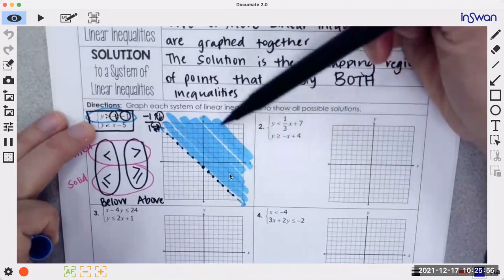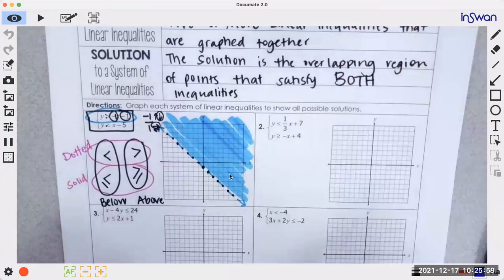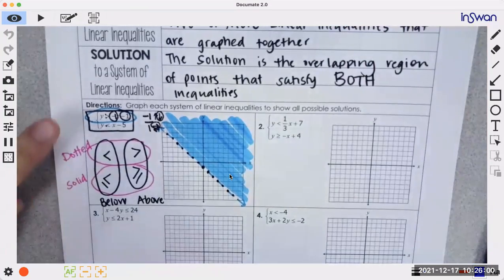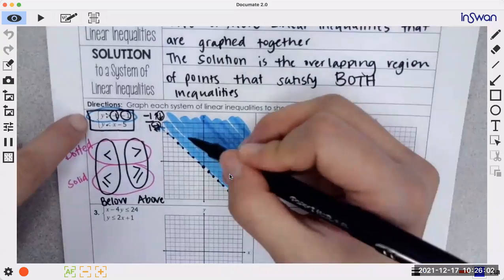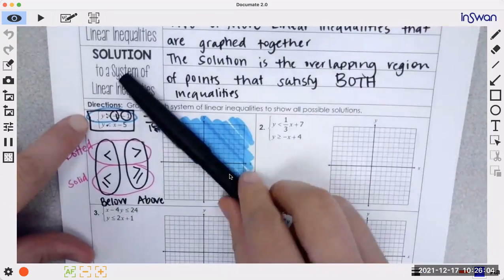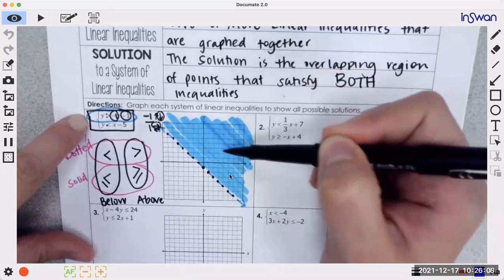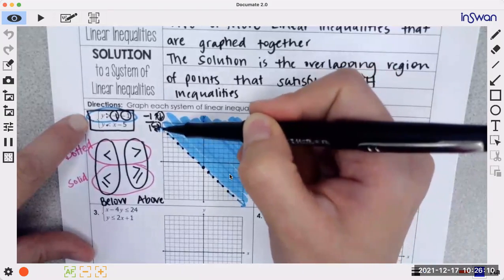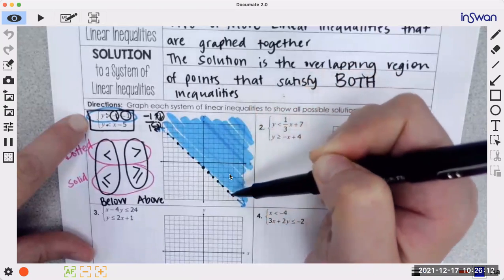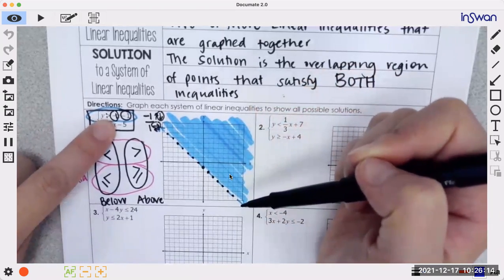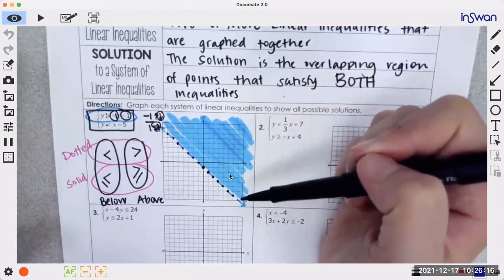And just for this one blue inequality, my answers that make it true is every single point that falls on this side of the line. Could be here, here, here, except it cannot actually be a point on this line because it doesn't equal this line. So that's the first line.